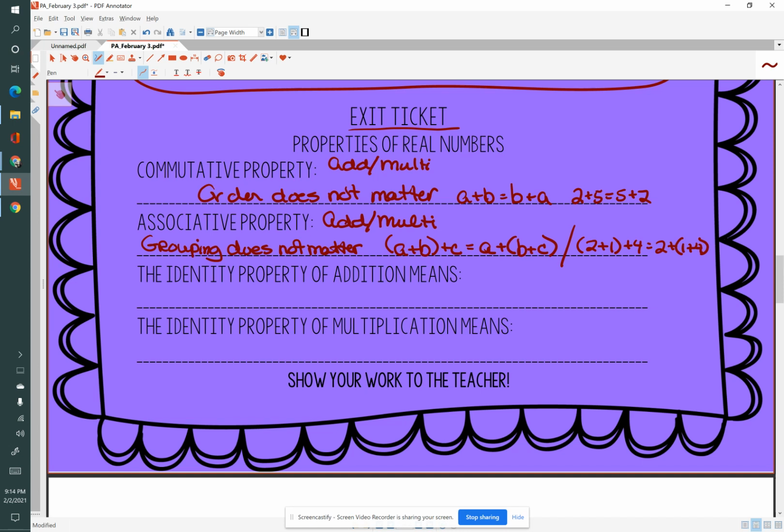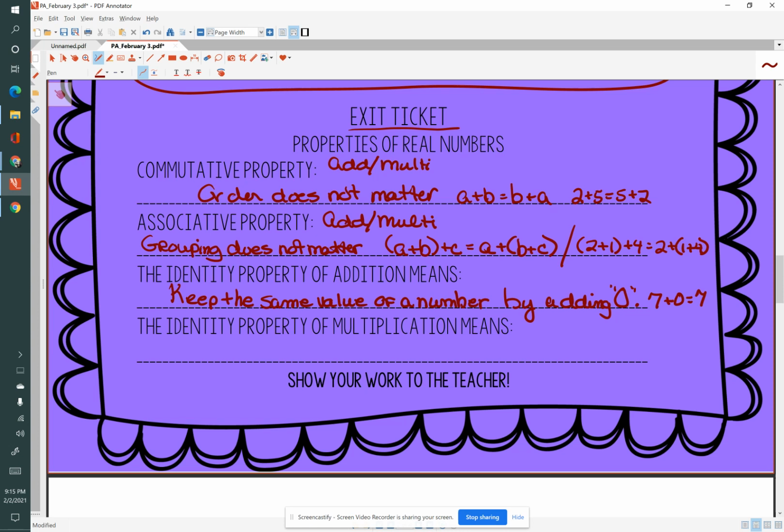Now, the identity property of addition means that we keep the same value of a number, and we do that by adding 0. So 7 plus 0 still equals 7.